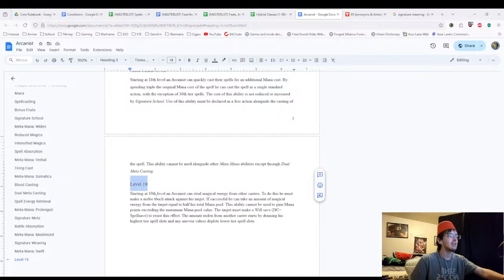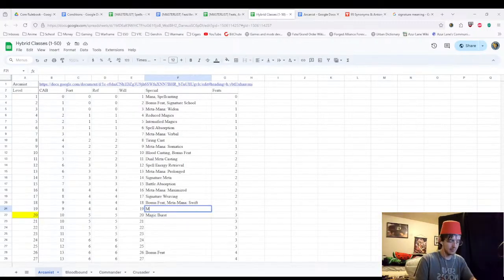Let's see. Mana Pilfering is good enough for now. Oh boy. And now, Magic Burst, the capstone.